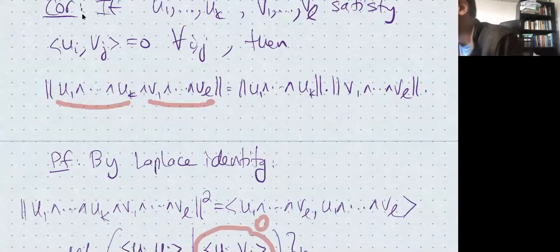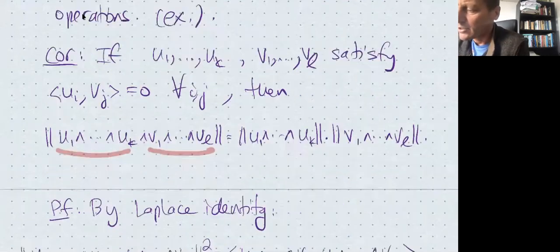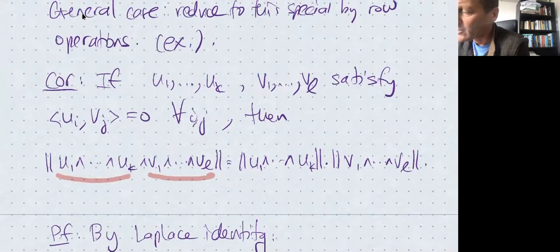Okay, so this is a quick proof using the Laplace identity. And as I said, this corollary can be upgraded to an if and only if. In other words, let me just say that in words, I'm not going to write it down because we're not going to use it.